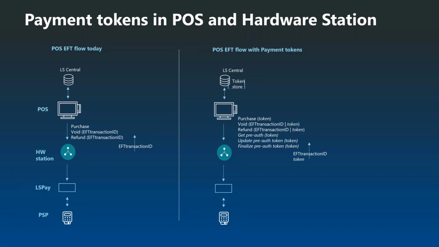Now these new EFT functions will be especially useful for our solutions like LS Hotels and our hospitality solutions. But in this case, please note that the availability of the token functionality will always be limited by the availability of token support from the PSP that is in use at the retailer in each scenario.